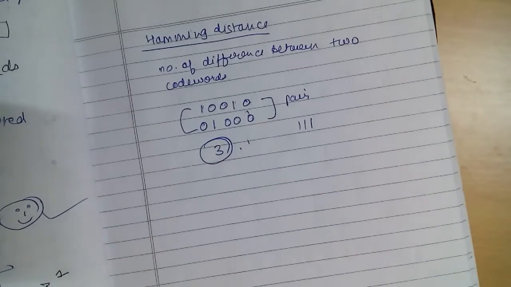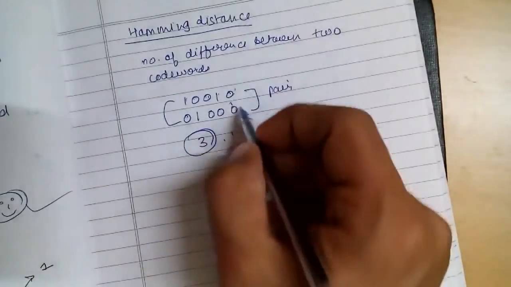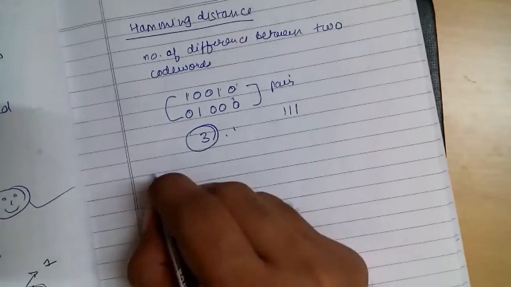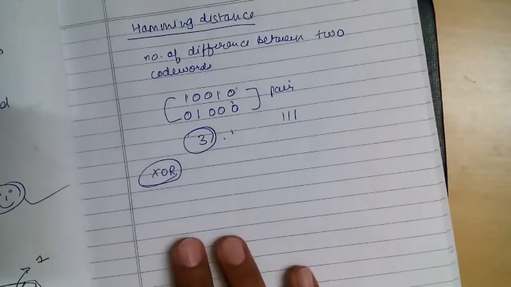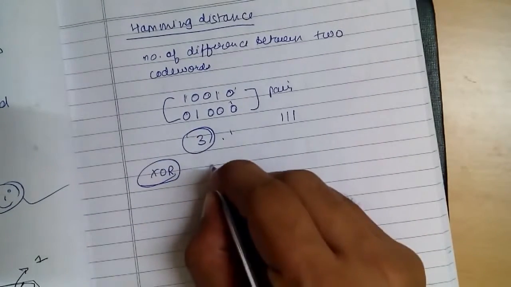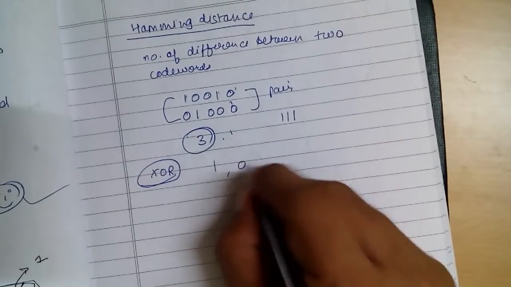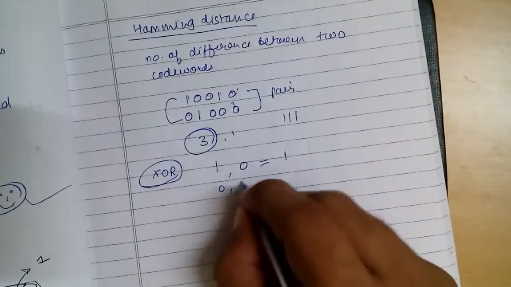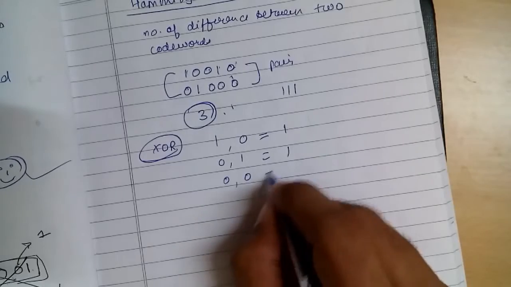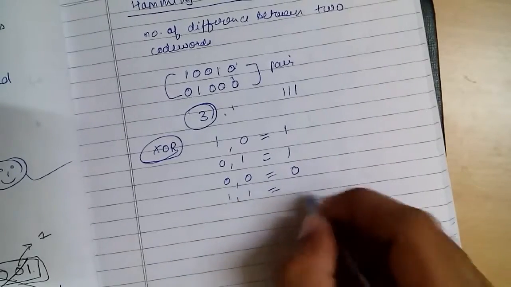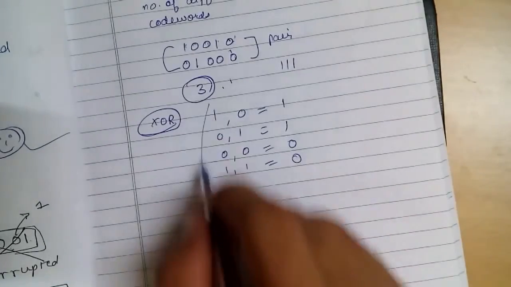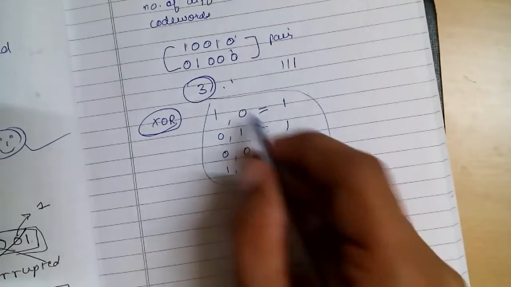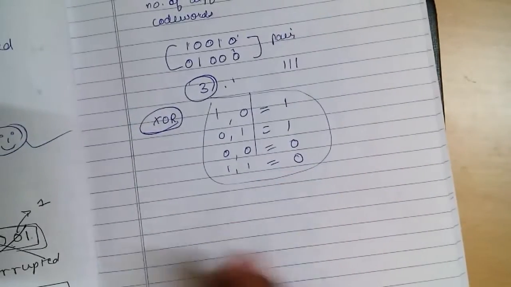And there is another method to do that. If you're not going to count like this, it's a simple XOR operation. You may all know what the XOR operation is: 1 XOR 0 gives 1, 0 XOR 1 gives 1, 0 XOR 0 gives 0, 1 XOR 1 gives 0. So this is the XOR table.